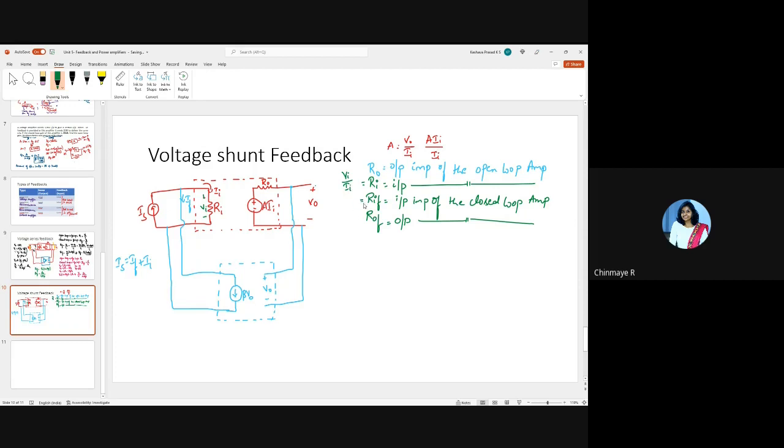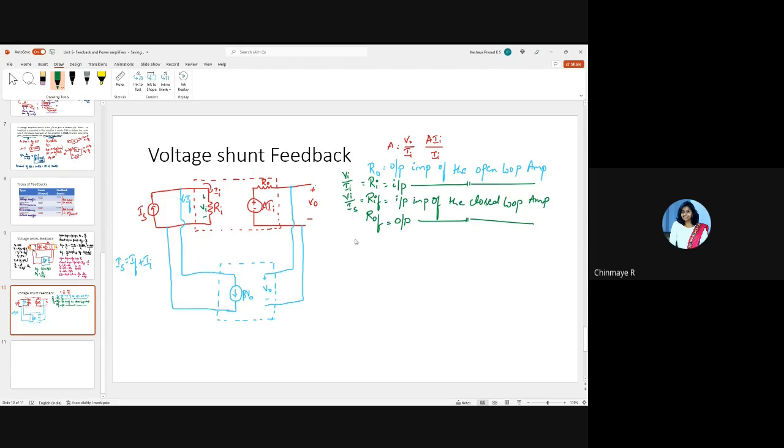So what will be Rif? For Rif, the input current is Is, correct? For finding the closed loop input impedance, the input current is Is. So Rif is equal to Vi divided by Is.